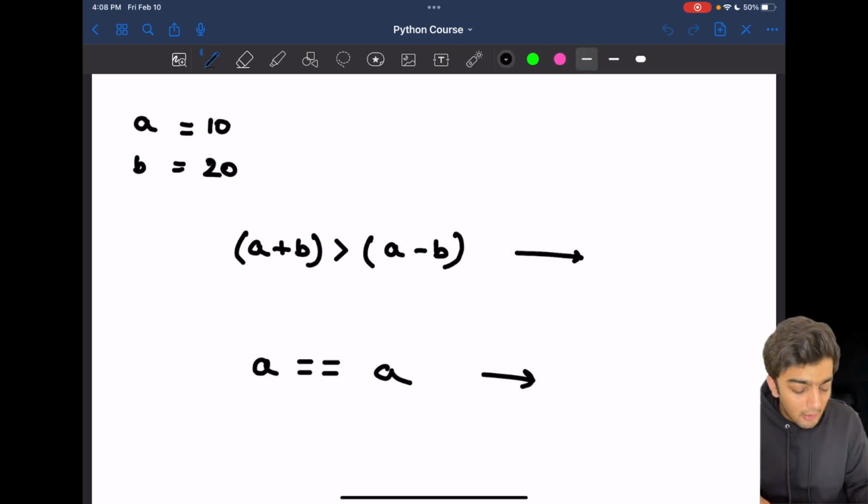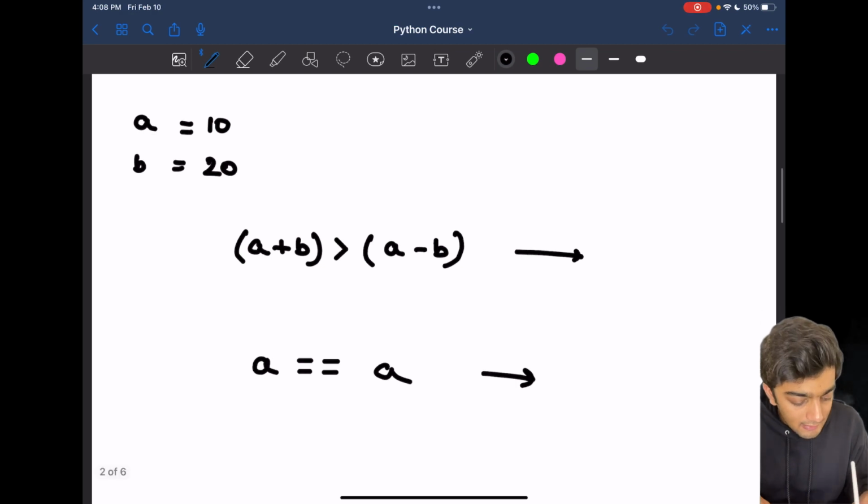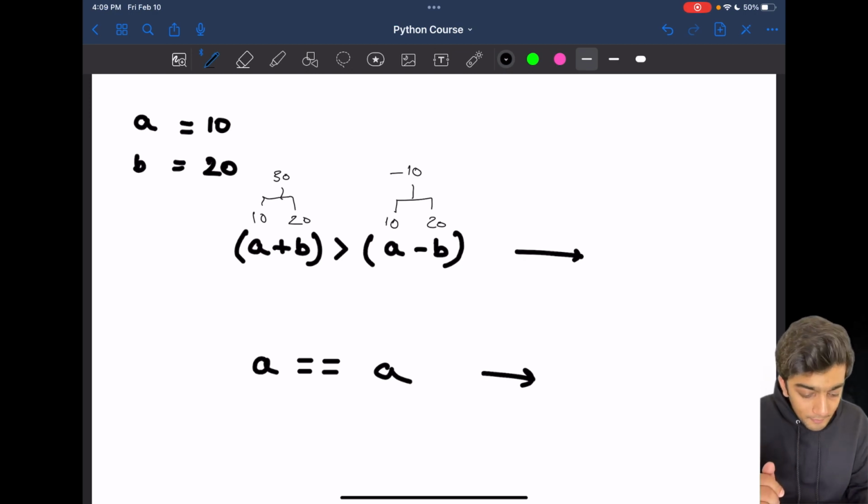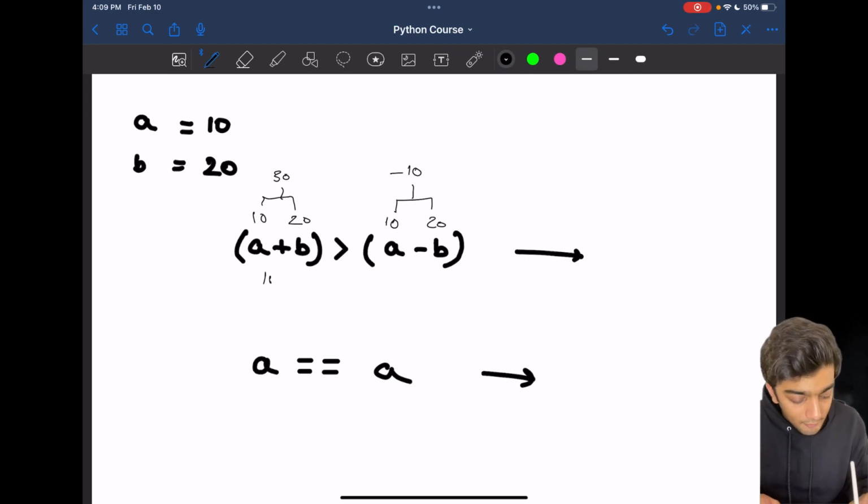In this case, what you need to see is A is 10, B is 20. So A plus B should be 30. And A is 10, B is 20, so A minus B should be negative 10. Yeah, that's pretty simple. Now that we know that A plus B is 30 and A minus B is negative 10, we know that this one stands for 30, and this one stands for negative 10.